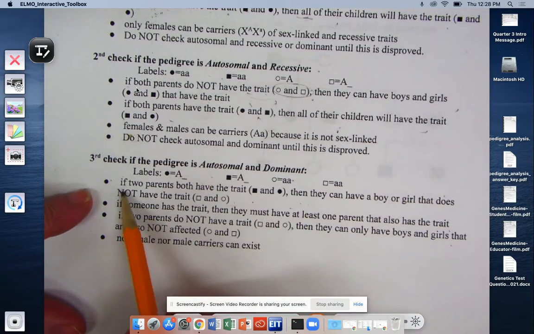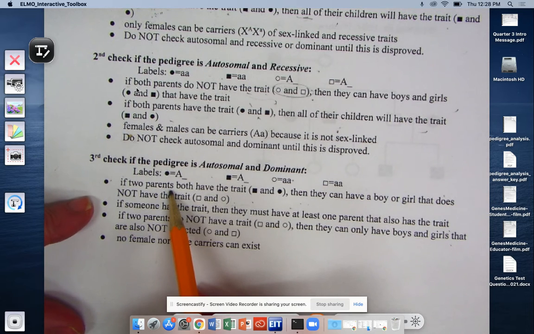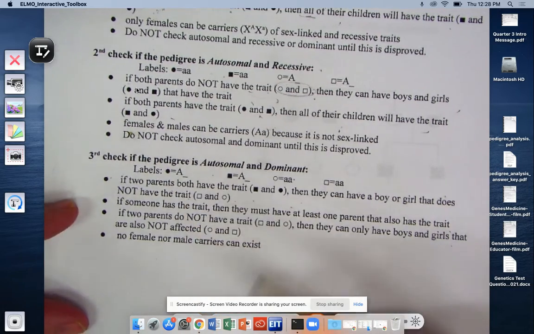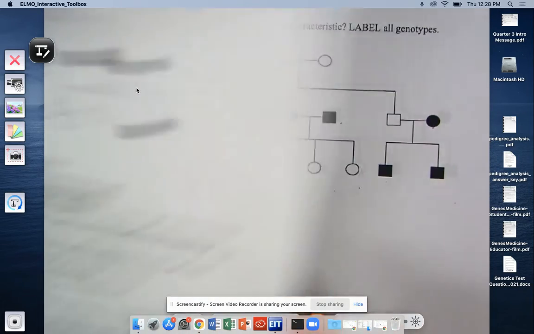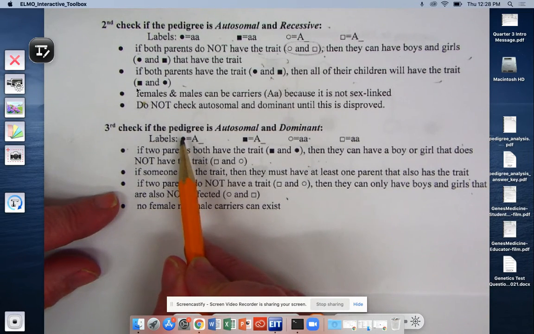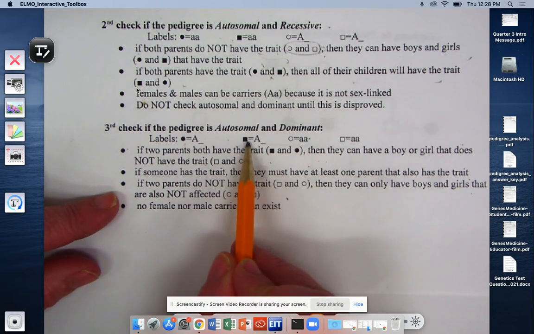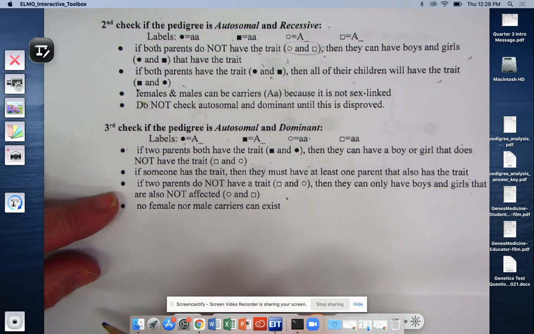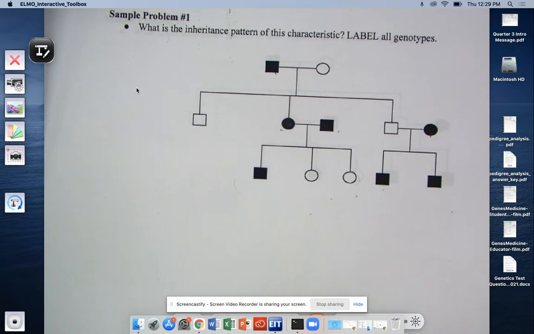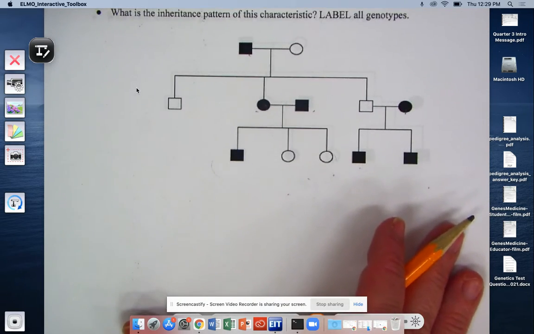Autosomal dominant. We're pretty much going to go ahead and start penciling it in because we think it's going to be correct, right? So now let's look at the labels. Everyone that is circled dark in, they have the dominant characteristic. So that's what I usually just kind of hone in on, one at a time, or my brain gets confused.